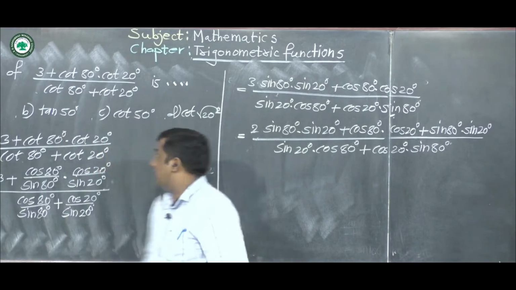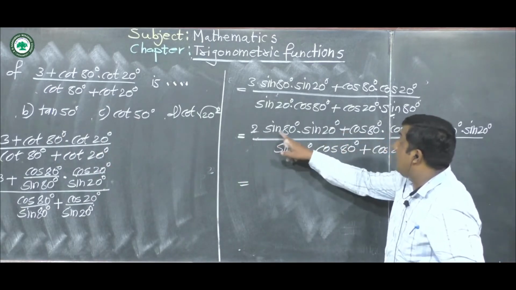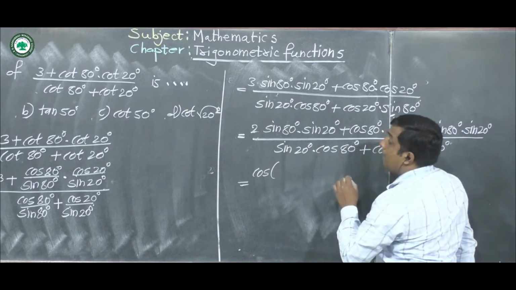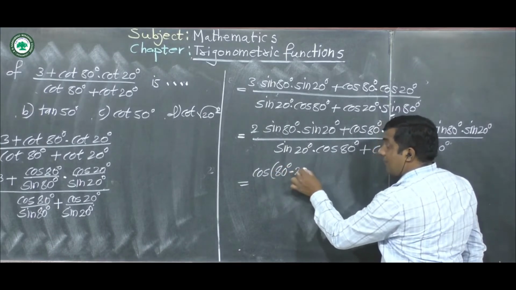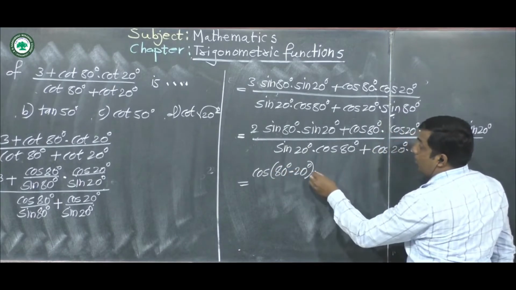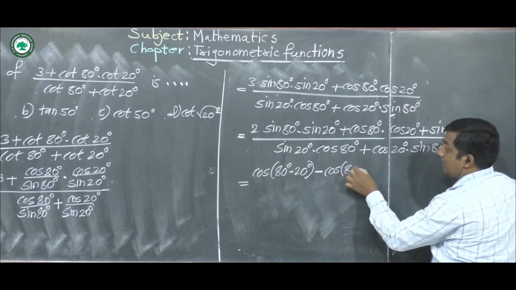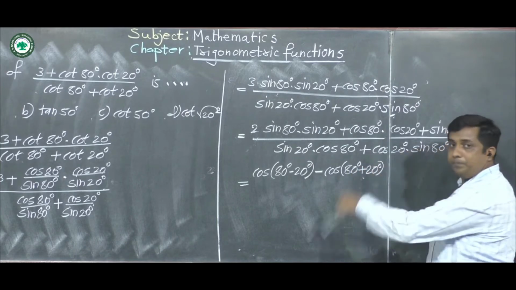Remember again, 2 sin A sin B is cos(A minus B), meaning cos(80° minus 20°), then with a minus sign cos(A plus B), meaning cos(80° plus 20°).